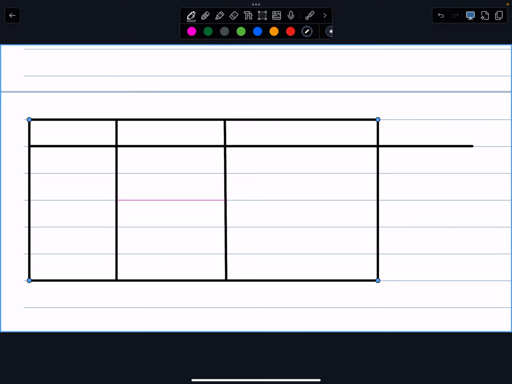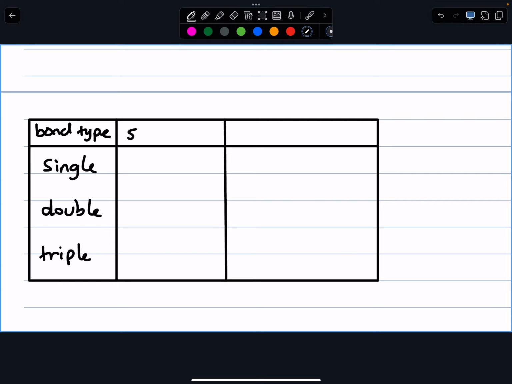Okay. So let's do a table to talk about our bonds. So I'm going to put up here bond type: single, double, triple. Okay, the strength and the length.